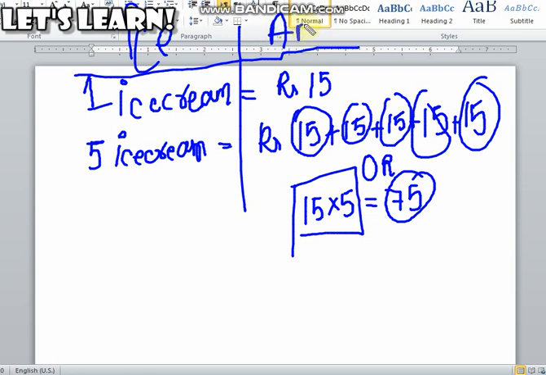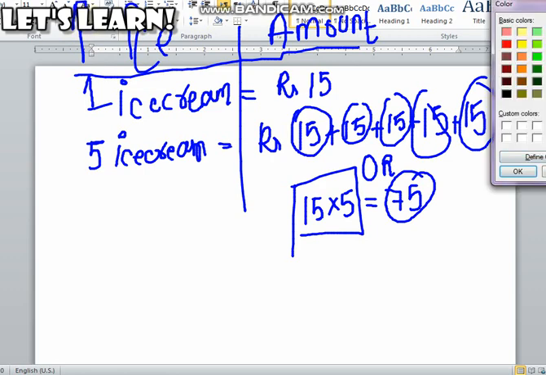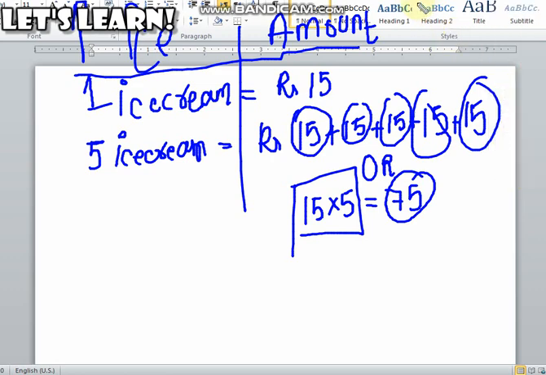The price of one ice cream was basically rupees 15. But when you went to buy 5 ice creams, you had to pay rupees 75. So if the number of ice creams increases, the amount also increases.